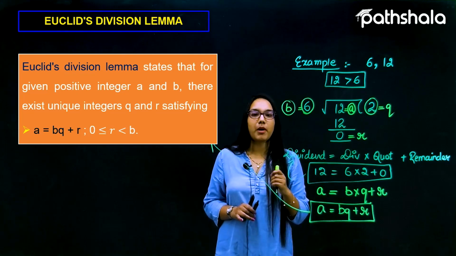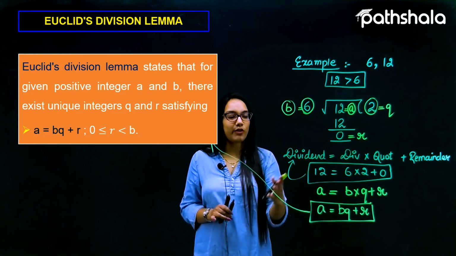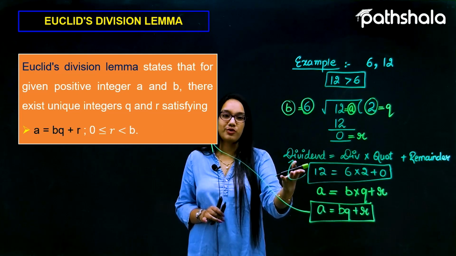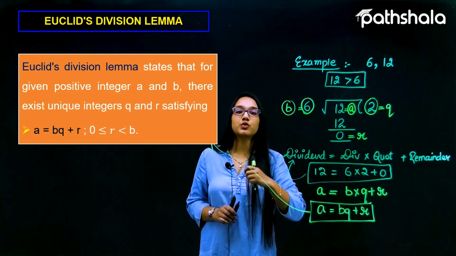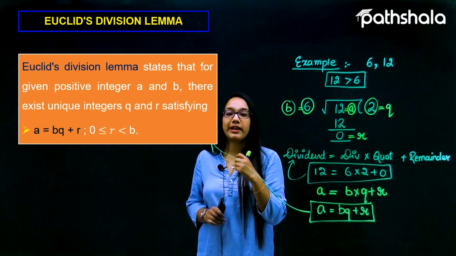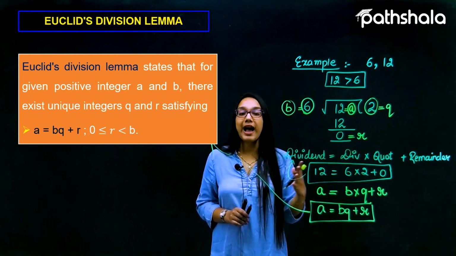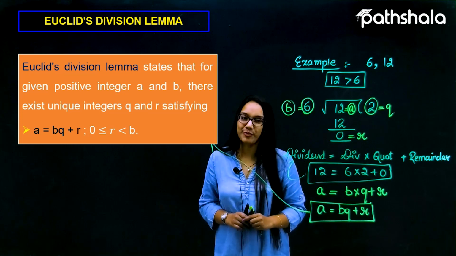So this is all about Euclid's division lemma. It is similar to dividend is equal to divisor into quotient plus remainder. Always remember this lemma, because with its help we will move on to the Euclid division algorithm, and then solve some important questions of this chapter.